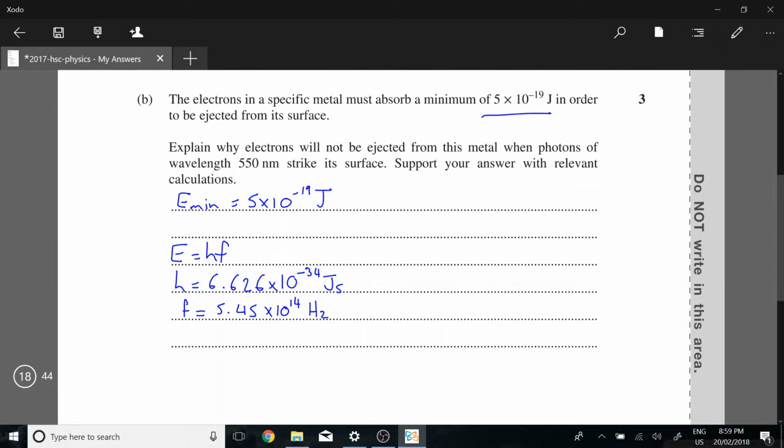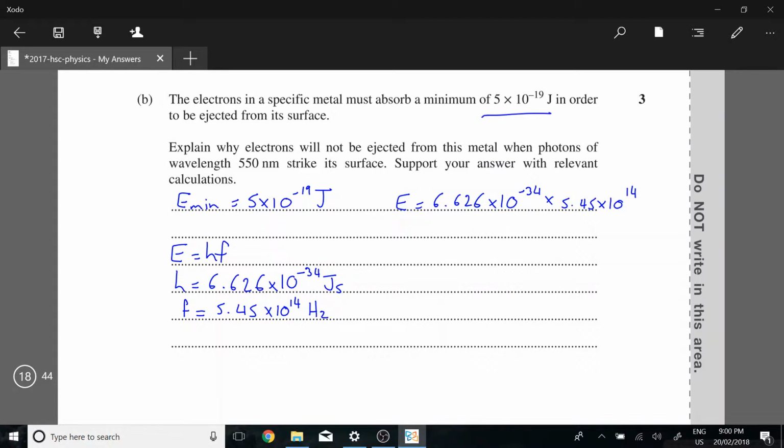And now we just need to calculate the energy, so we just sub in our numbers, and we get E equals 6.626 times 10 to the minus 34 times 5.45 times 10 to the 14.